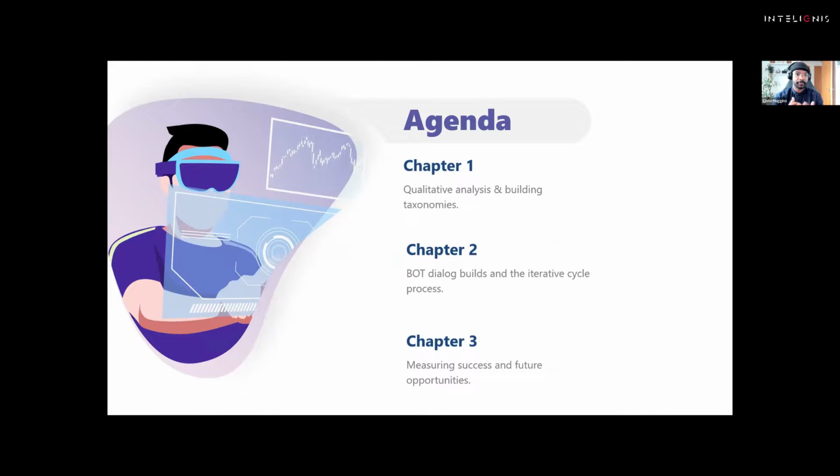So the 3 steps that I'm going to go through are, first, qualitative analysis and building taxonomies, the point of inception, where to begin when designing conversational bots, and using the voice of the customer as your barometer. Then going through the bot dialogue builds and the iterative cycle process, so conversational design models and ongoing optimization, and then also how to measure the success.